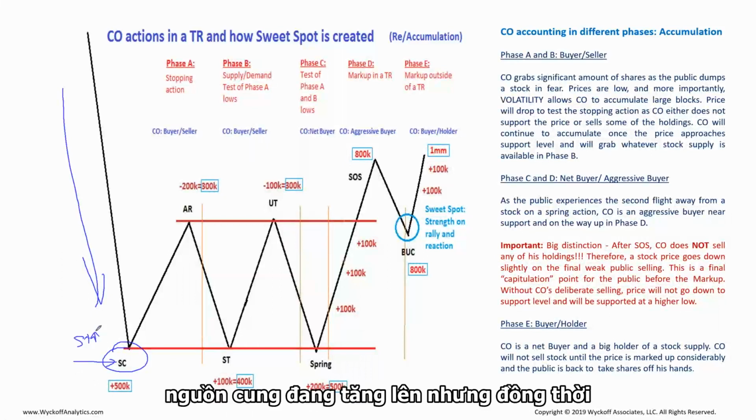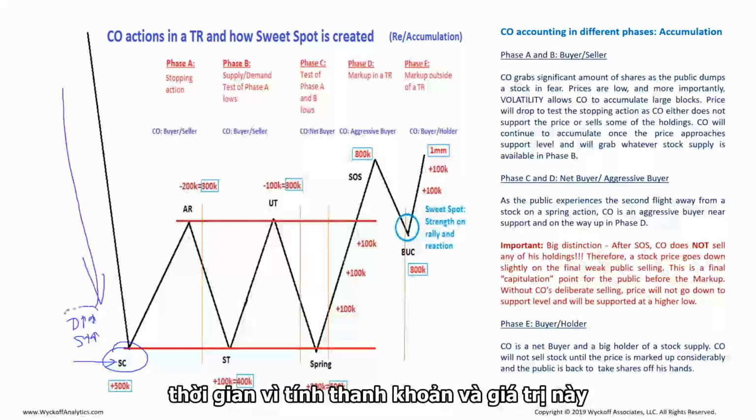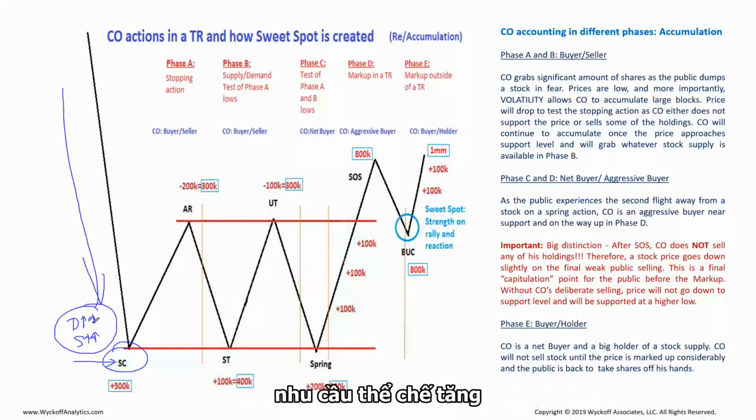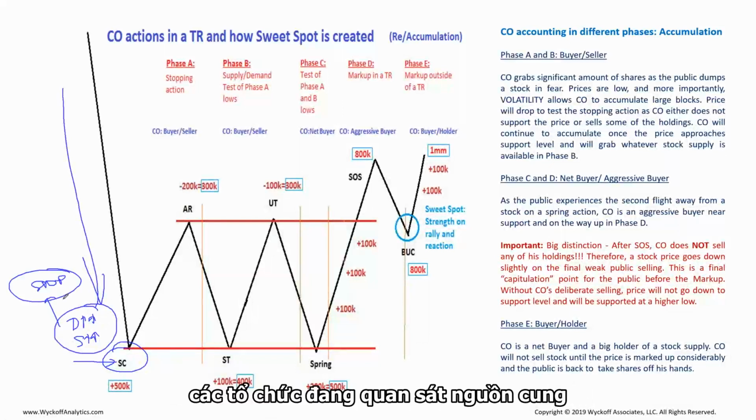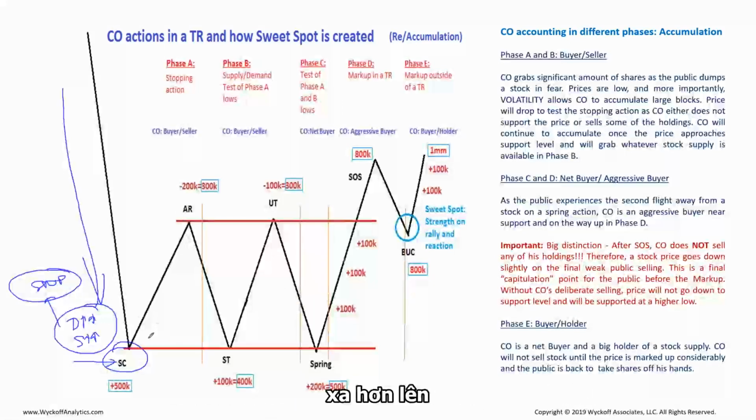Supply is increasing, but at the same time, because of this liquidity and value, institutional demand increases. And that's what stops the price from moving further down. Institutions are absorbing the supply from weak hands relatively fast.